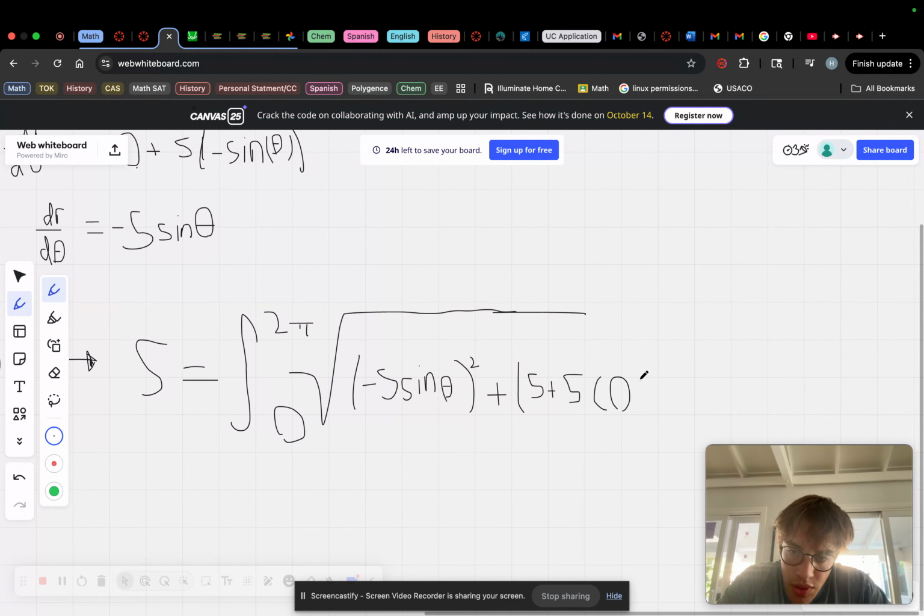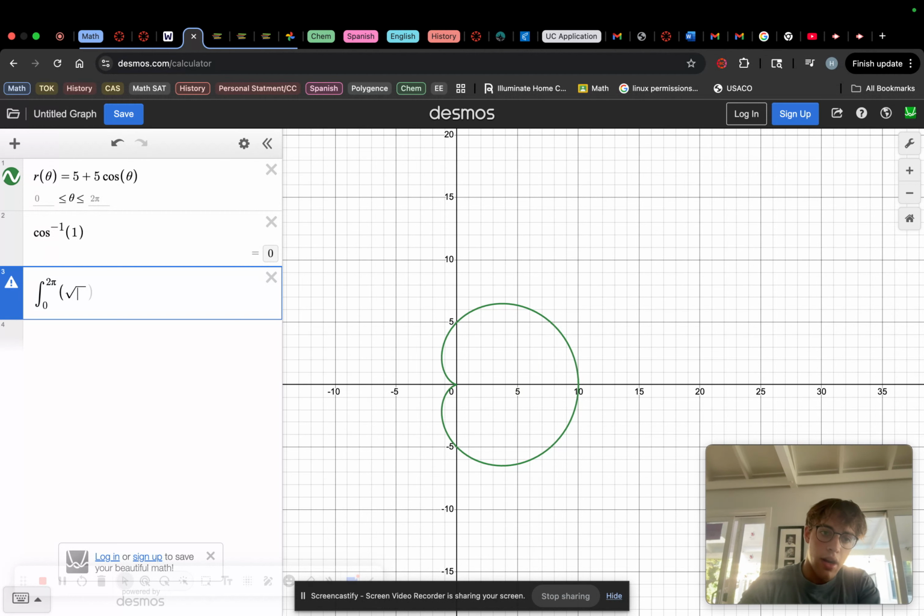Now we could use Desmos to evaluate this. So let me go over here. All right, so we have from 0 to 2 pi, the square root of negative 5 sine theta squared plus 5 plus 5 cosine theta squared.